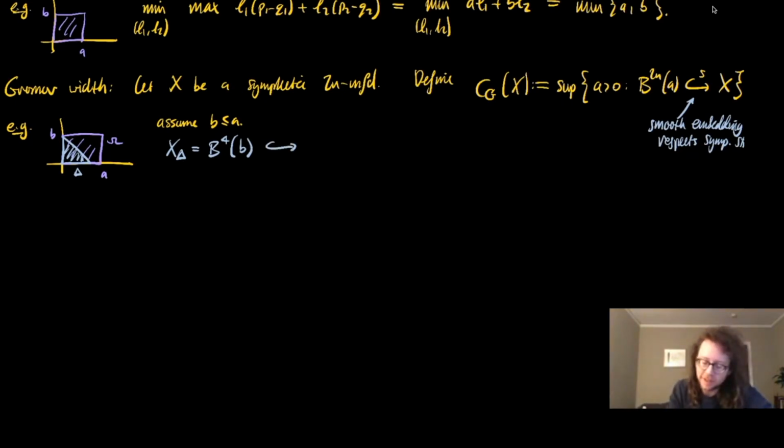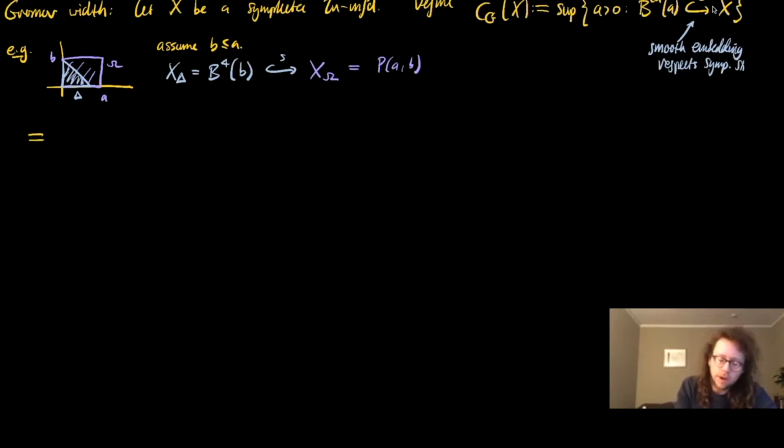In particular, there is a symplectic embedding from this ball, X delta, into X omega, which we saw was the polydisk. And so what does this show? It shows that we have a trivial ball lying inside X omega.